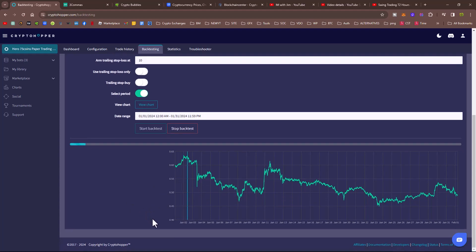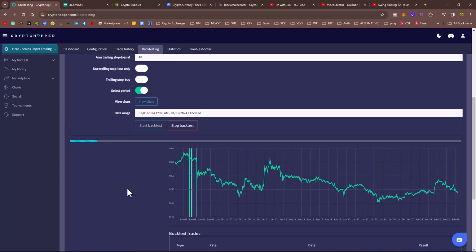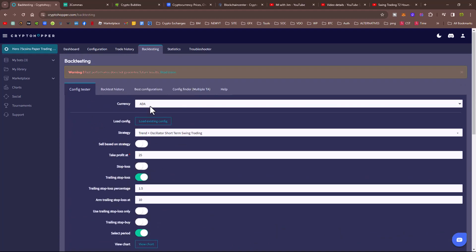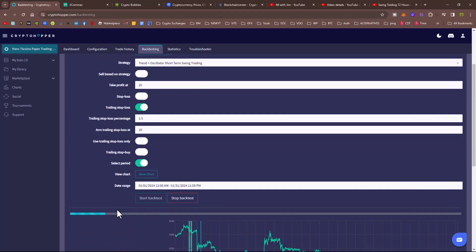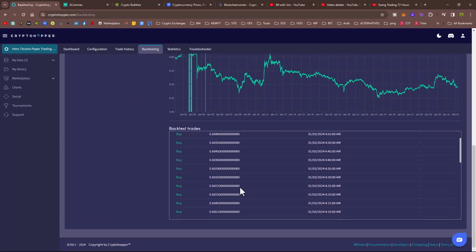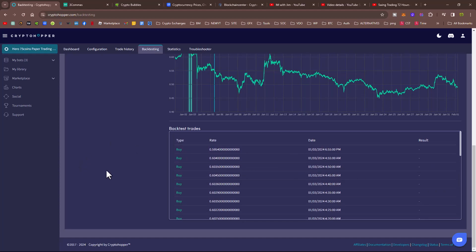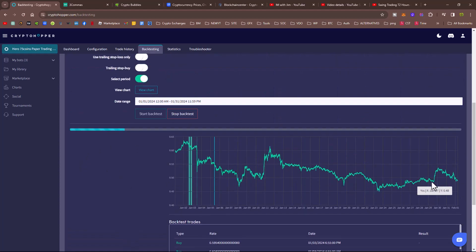Once it finds its first buy, you see it's a bit of a downtrend in January, isn't it? And it's testing Cardano. Alright, so it's already bought some. Has it sold any yet? Not yet. Alright, I'll pause now, wait for this to get all the way across there, and I'll restart the recording. Saves you guys a bit of time.